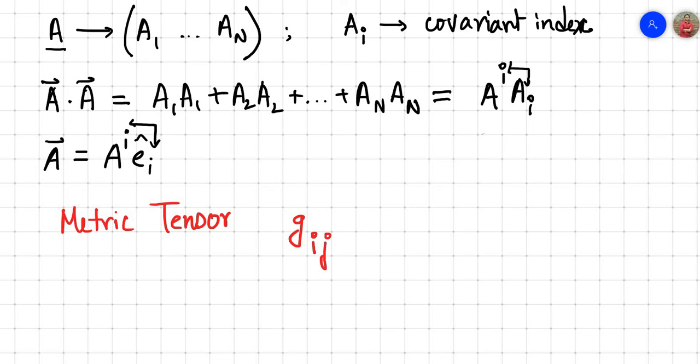As you can see, there are two indices. That means it's a second-rank tensor. Either one or both of these indices can be contracted with any contravariant indices.